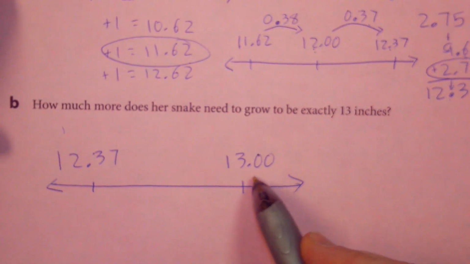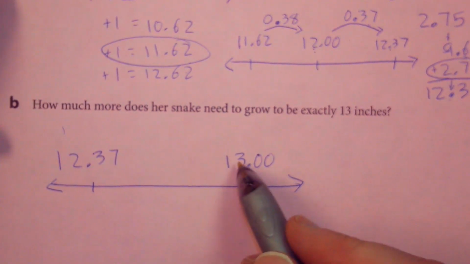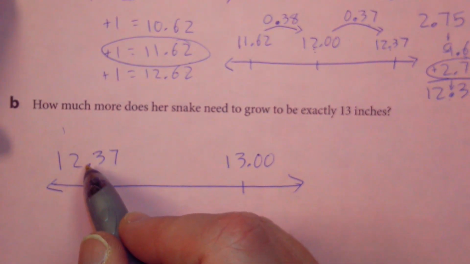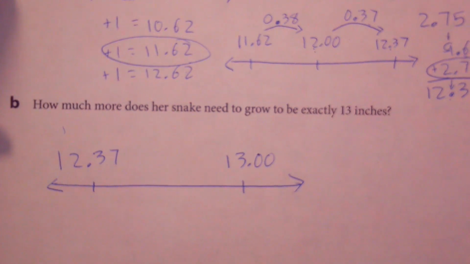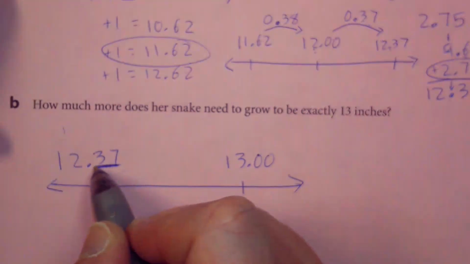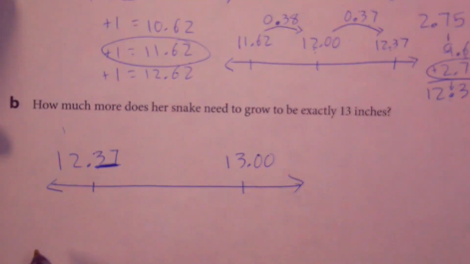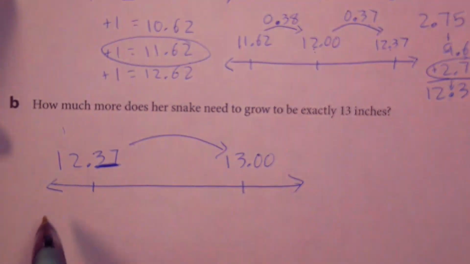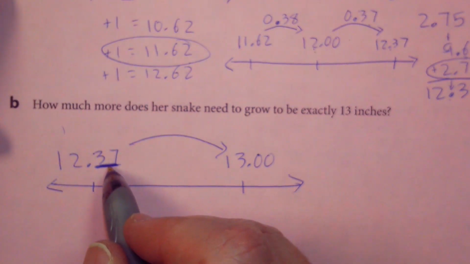I'm going to do 13.00 just so that they look similar. So how do I get 12.37 to equal 13? I need to get this to add up to 100. So how much am I going to add to 37 to make it 13?